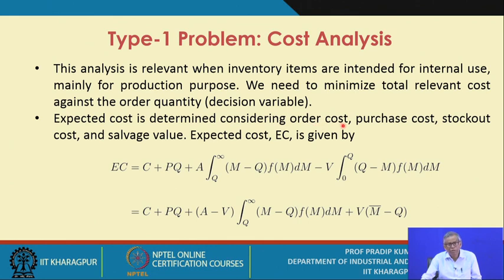Normally, this is estimated on a per order basis. Then you have the purchase cost. That means the purchase price, or say the production cost per unit, must be known. So, this cost element also you must consider. Then we have stock out cost, and we also have the salvage value.